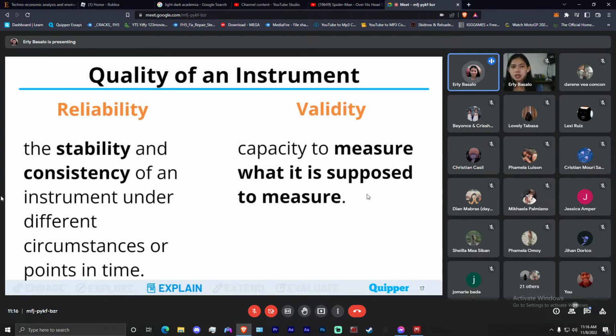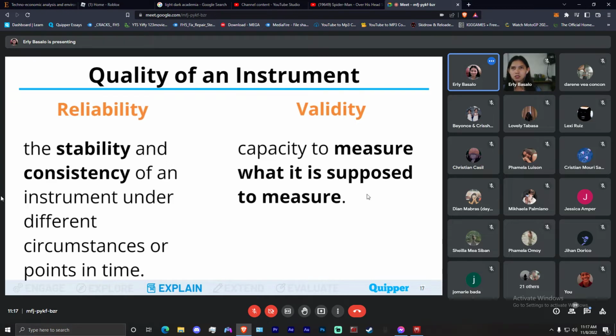Next, we have here the quality of an instrument. In the quality of an instrument, reliability and validity should always be present. We have here the definition of reliability. Reliability is the stability and consistency of an instrument under different circumstances or points in time.